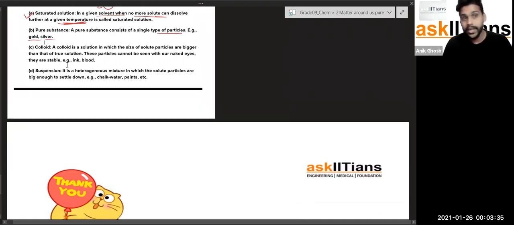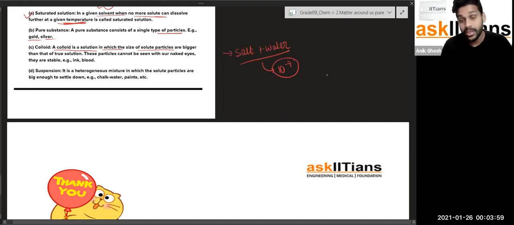And colloid, so yeah, there are different types of mixtures as well. Colloid and suspension. So a colloid is a solution in which the size of the solute particles is bigger than that of a true solution. So what is salt and water? That is a true solution. For salt and water, the particle size is 10 to the power minus 9 for a true solution.